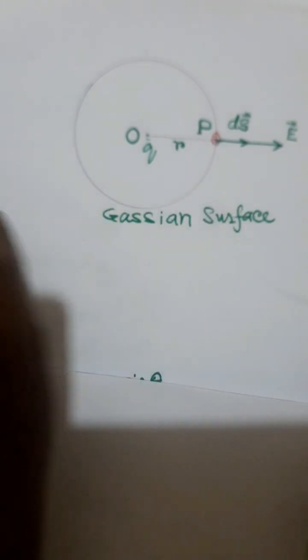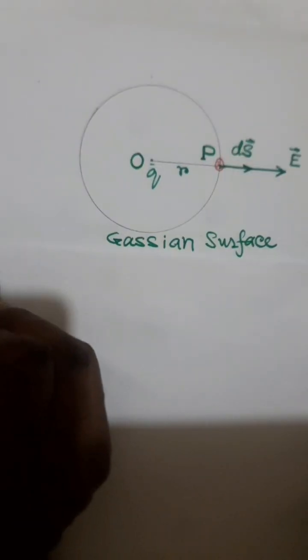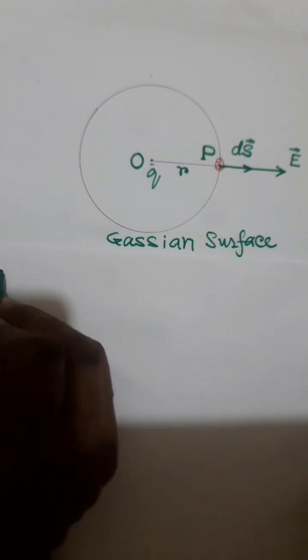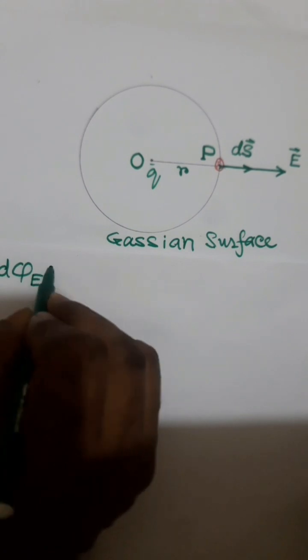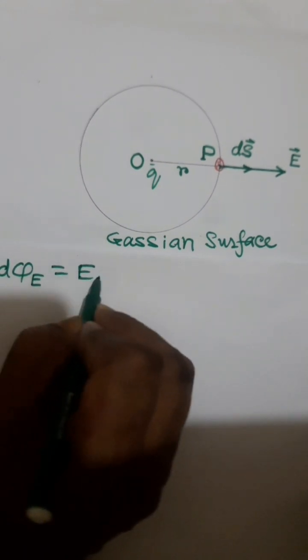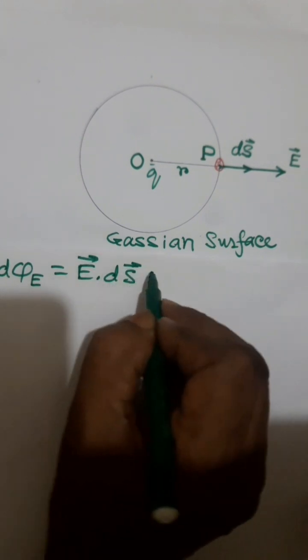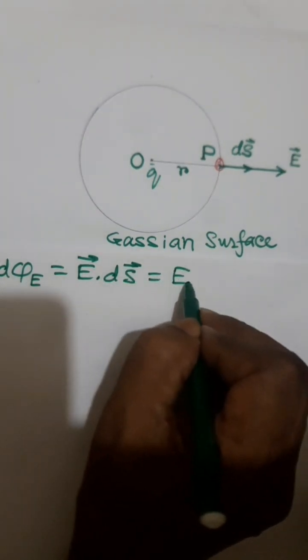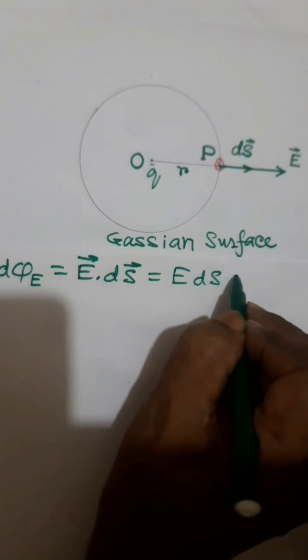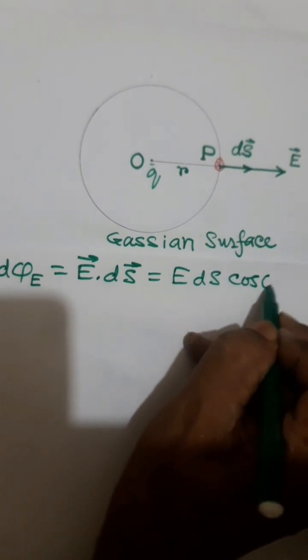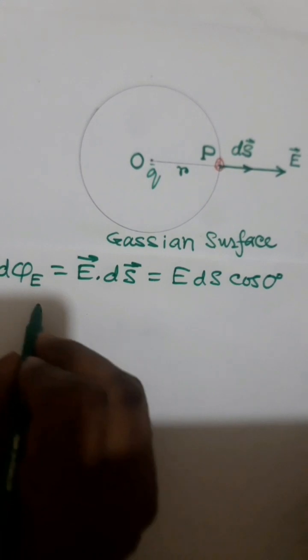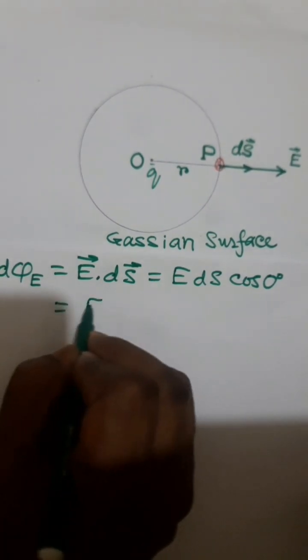The electric flux of the surface element ds is d phi E equal to E dot ds. That is E ds cos 0, equal to E ds.